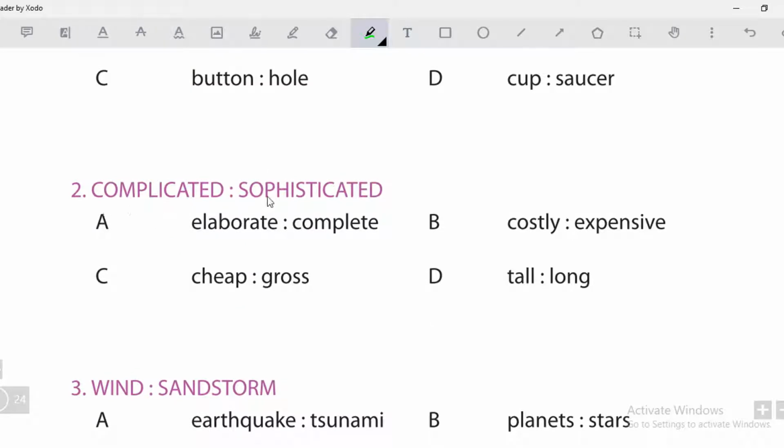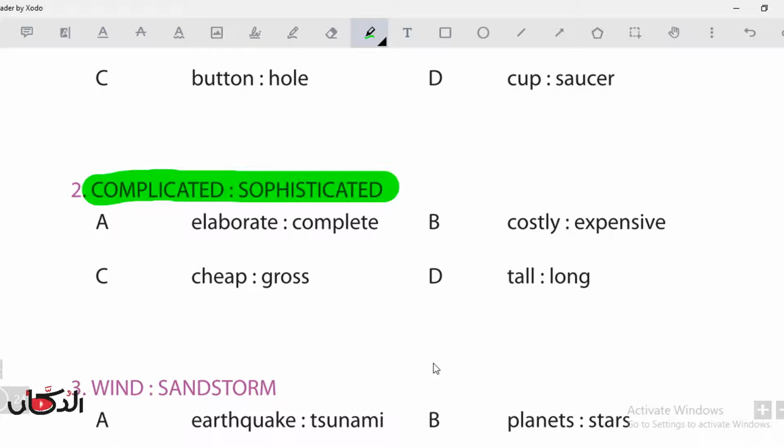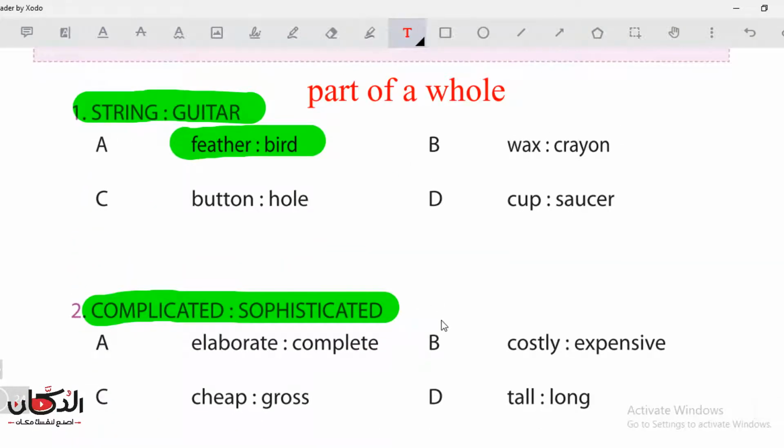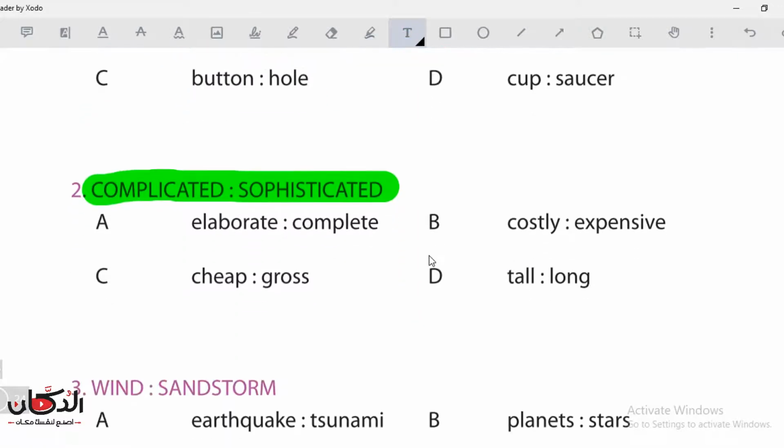The second example, I think, is also easy: complicated and sophisticated. They are synonyms, they have the same meaning, so search for synonyms. Elaborate, complete; costly, expensive; tall and long; cheap and gross. You may think of tall and long, but take care, because tall and long are not synonyms.